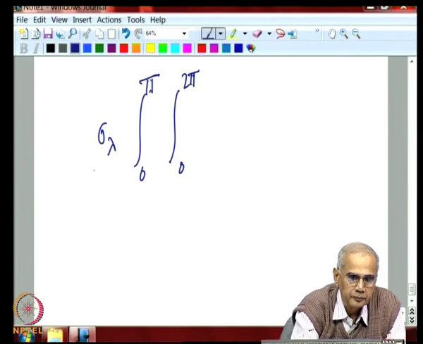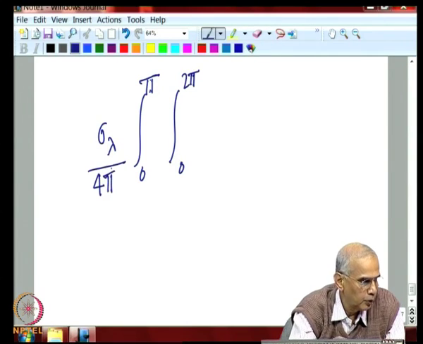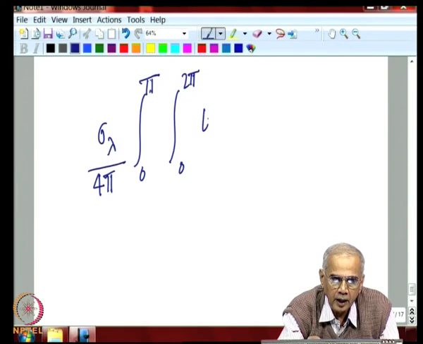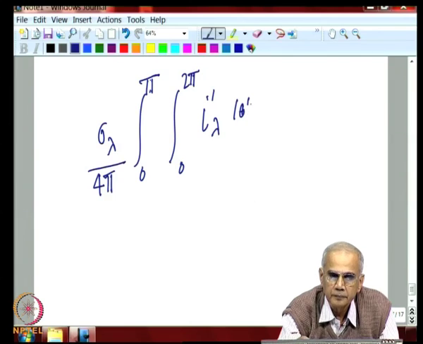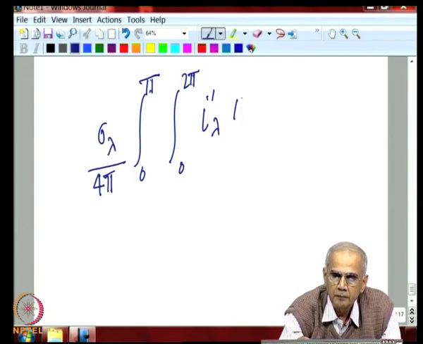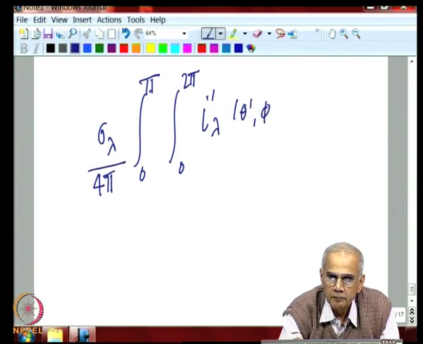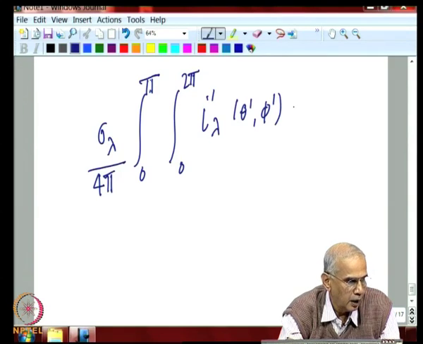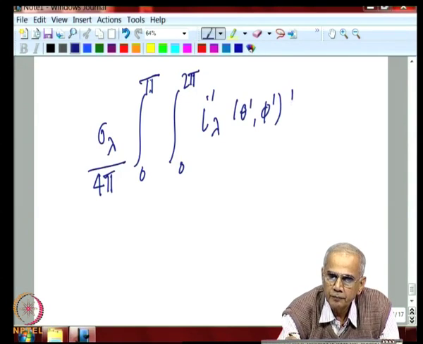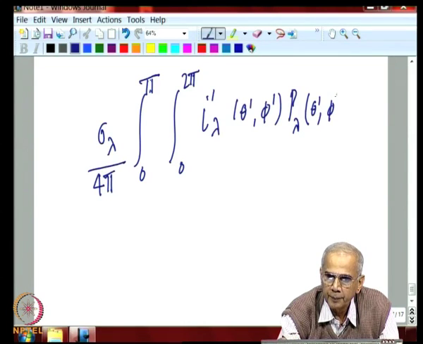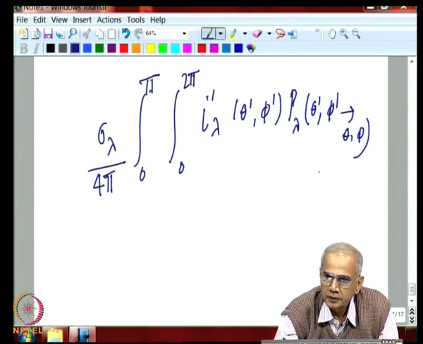So, you are worried about the I prime lambda in a direction different from your direction, and the probability of scattering from theta prime phi prime to theta phi, this is the key expression, times sin theta prime d theta prime d phi prime.